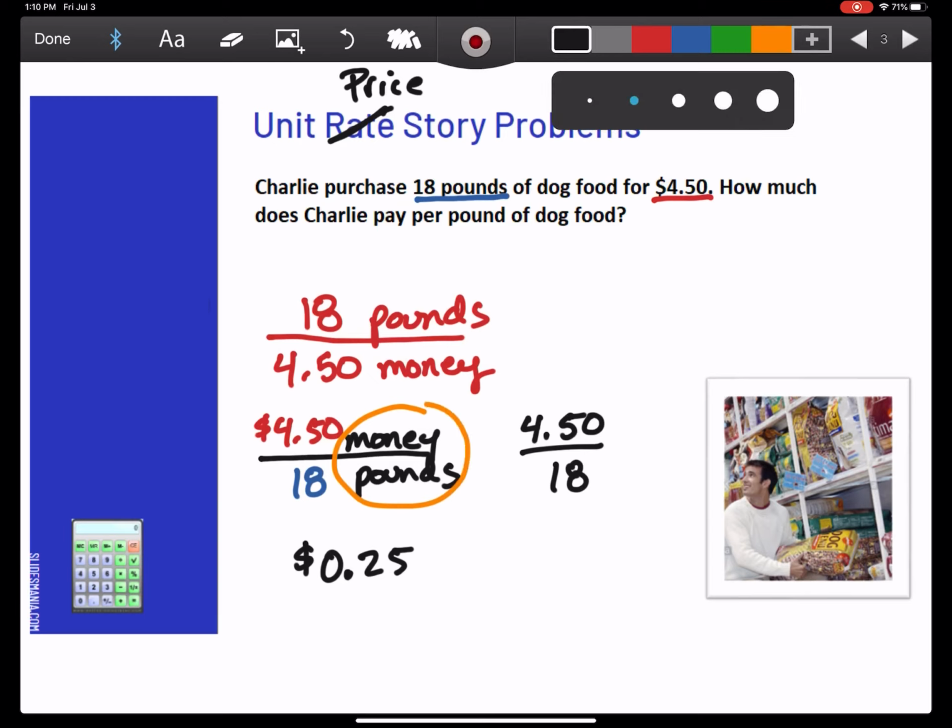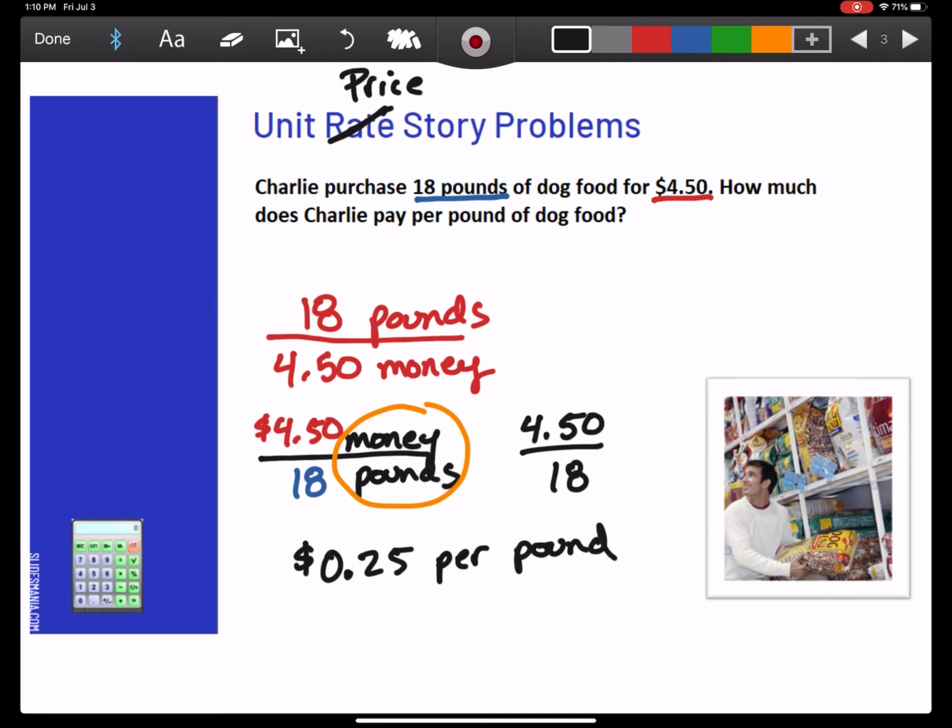I don't have to write 25-cent money, because it's already written that way, 25 cents per pound. So how much does Charlie pay per pound of dog food? Charlie pays 25 cents per pound.